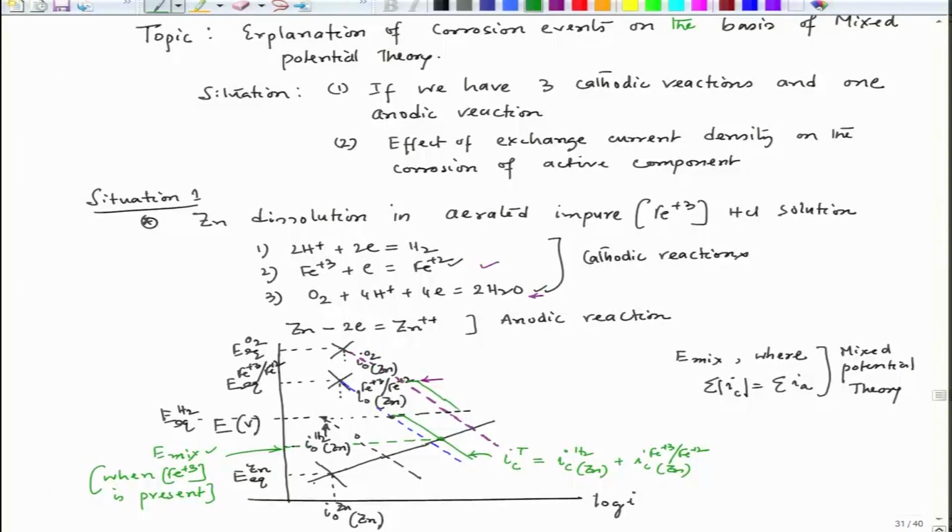Now, when it comes to this line, which is the hydrogen evolution start point, it will further add up and then go down.